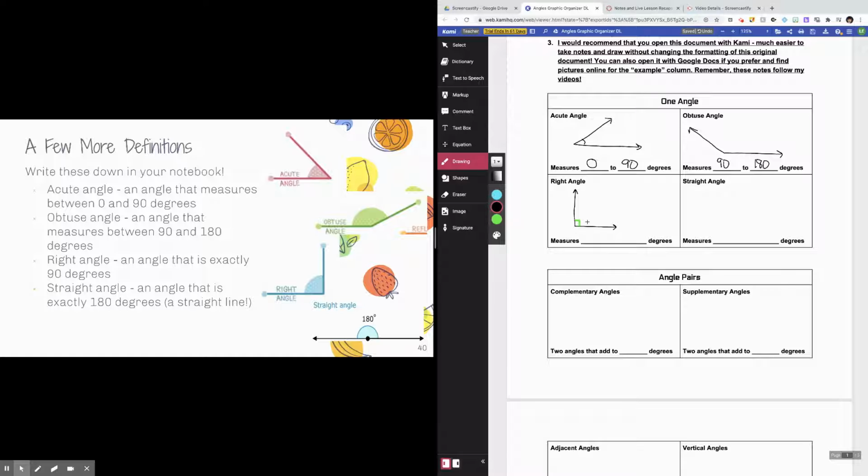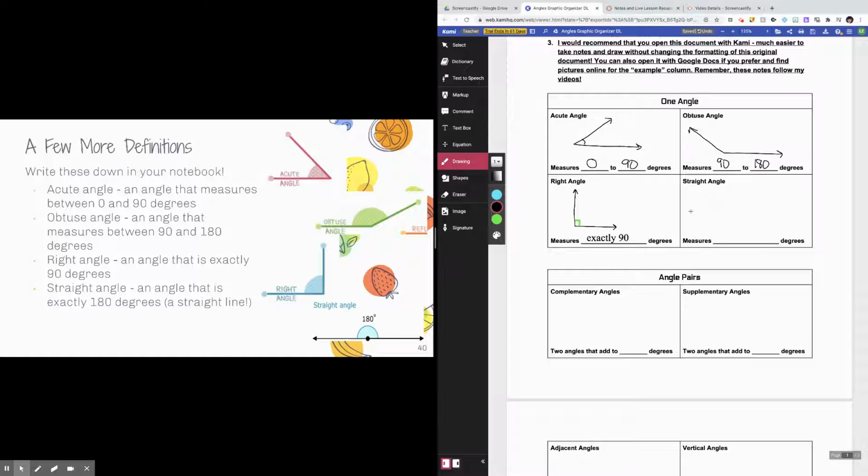That means that you're dealing with a 90-degree angle. So a right angle measures, and this is key, it measures exactly 90 degrees, right? No more, no less, exactly 90 degrees, okay? So 2 lines, for example, that are perpendicular, that intersect and are perpendicular, have 90-degree angles on them, okay?